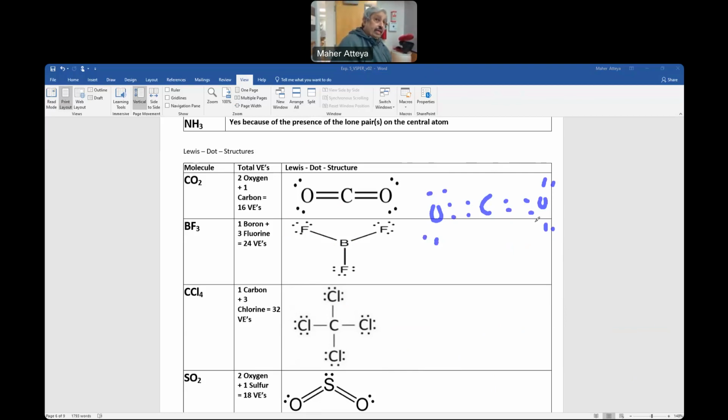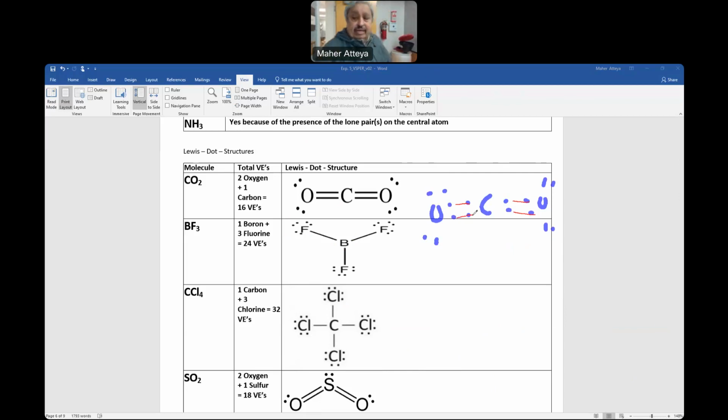Now you will see that carbon is the least electronegative. Fluorine is the first, followed by oxygen. So now what will happen here? They'll start connecting to make a double bond. And each carbon and oxygen has to have 8 valence electrons, shared or non-shared, bonding or non-bonding.